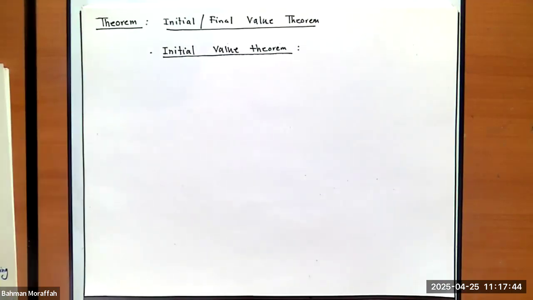What this theorem tells me is that if I want to know the value of the function at time zero, there's a very nice relationship between that and the value of the Laplace transform of it evaluated at infinity.